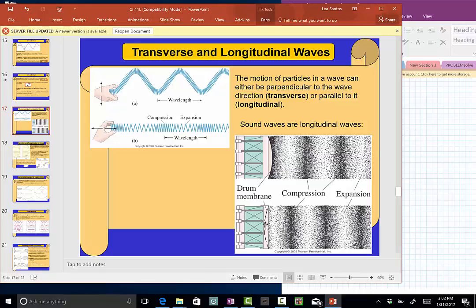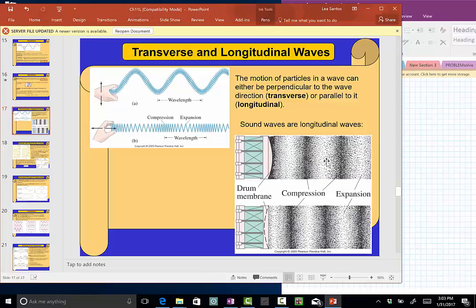When the membrane gets compressed like this, the air around has more space, it gets expanded. So we end up creating these regions of compression and expansion that propagate to the right. This is the sound wave that will hit our ears and we finally hear the sound. So this oscillatory motion of the membrane creates a sound wave that propagates through the medium. The medium in this case is air.